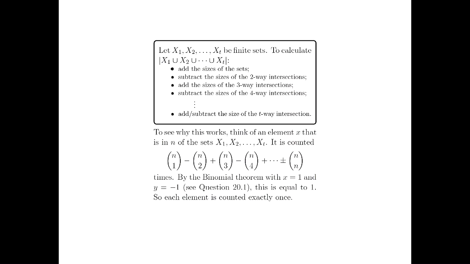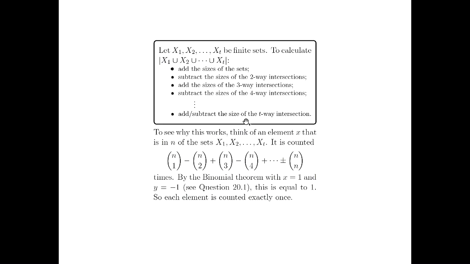Then you add the sizes of the 3-way intersections, so intersections of 3 sets. Then you subtract the sizes of the 4-way intersections, all the way down to, depending if there's an odd number or an even number, you'll either add the t-way intersection, the unique very middle of your Venn diagram, or you subtract it, depending on whether your number of sets is odd or even.